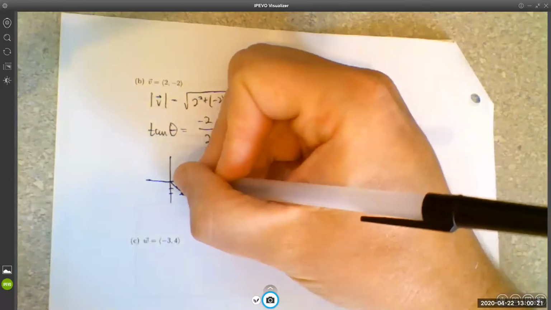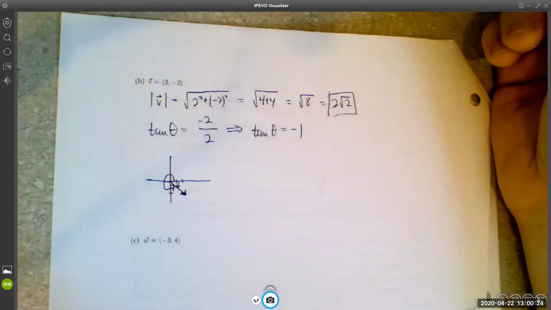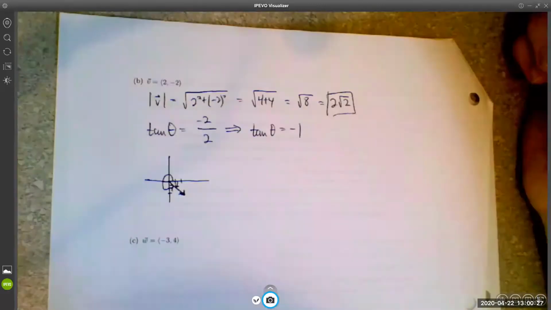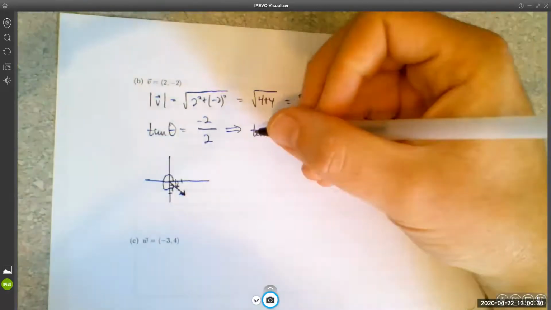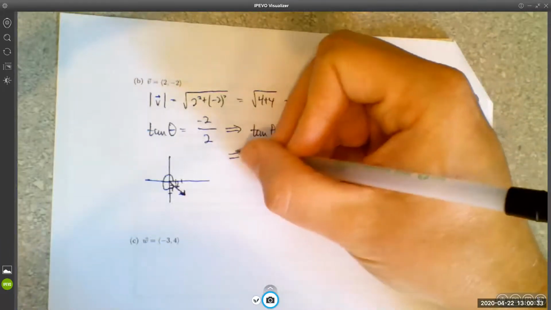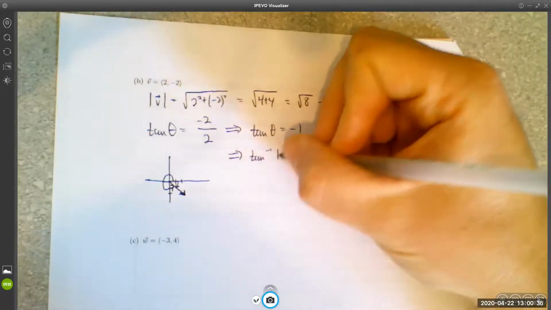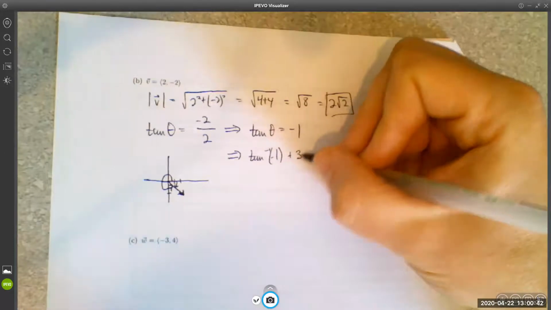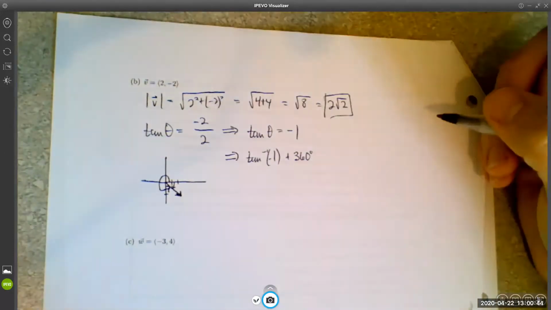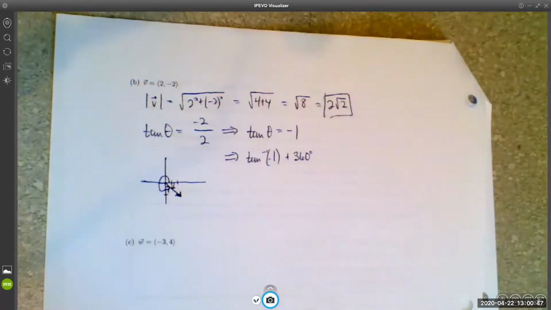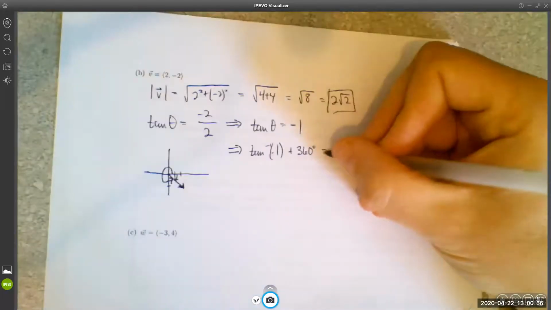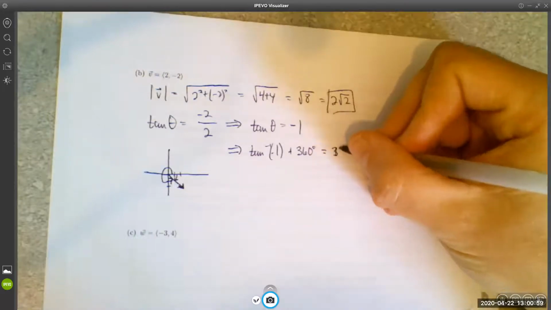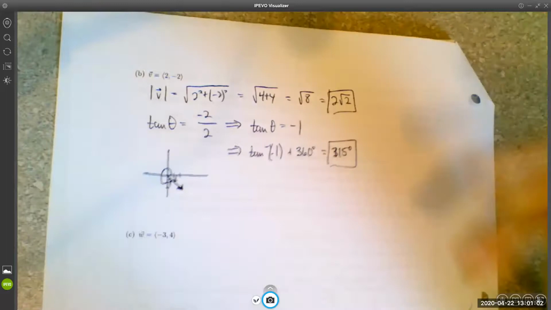We want to be describing that angle right there. Okay. So the answer is going to be tangent inverse of -1, but plus 360 degrees, so that you end up with a coterminal angle that's positive, right? Anyway, so 360 minus 45. So that's 315 degrees.